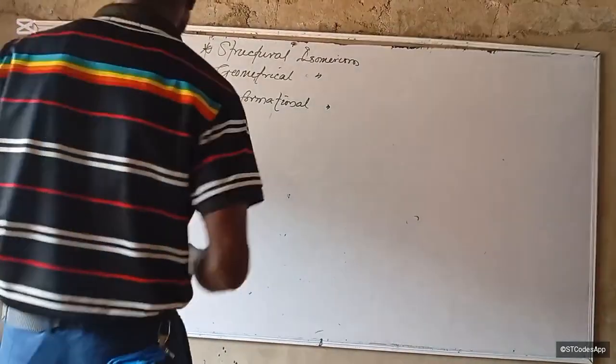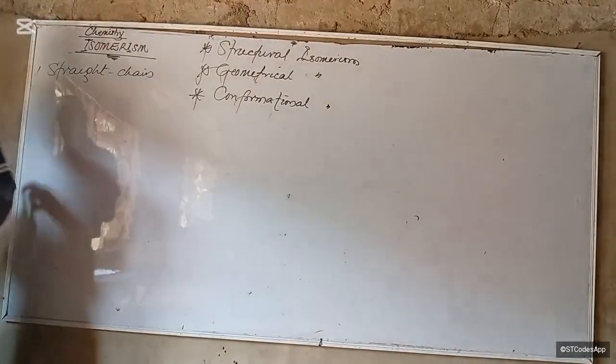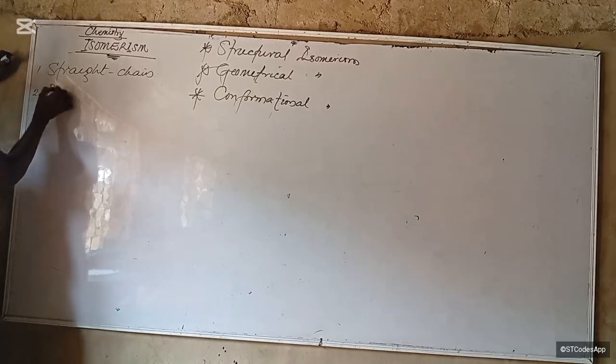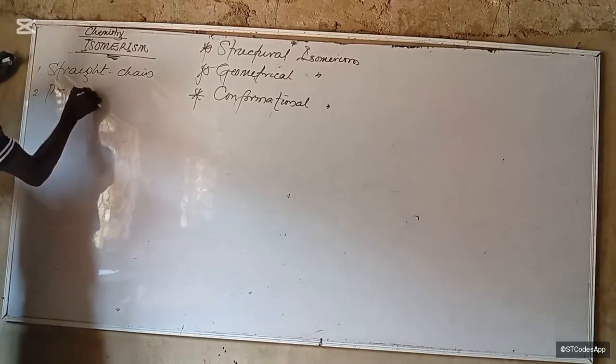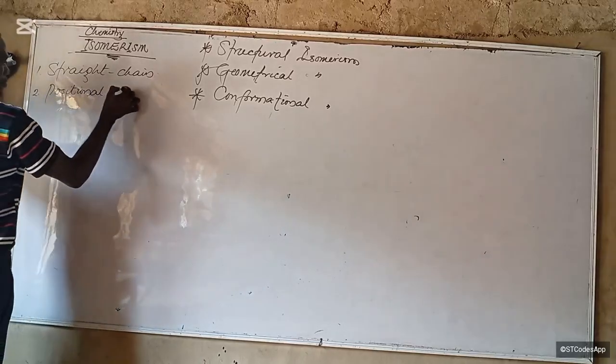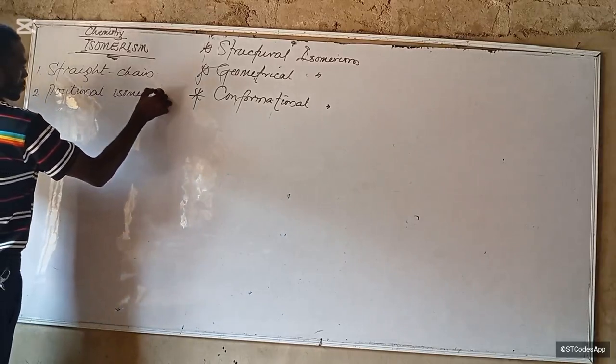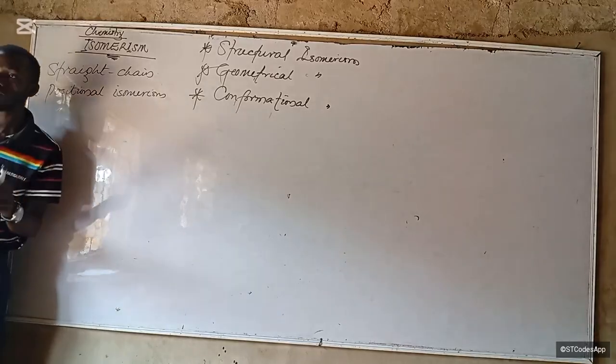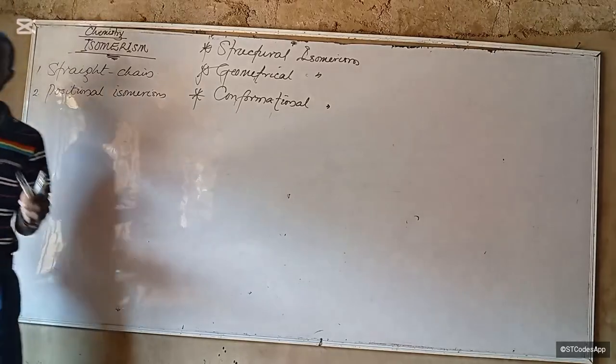So the second one, we called it what? Positional isomerism. Number 2, we said positional isomerism. It's almost the same. Do you get it?